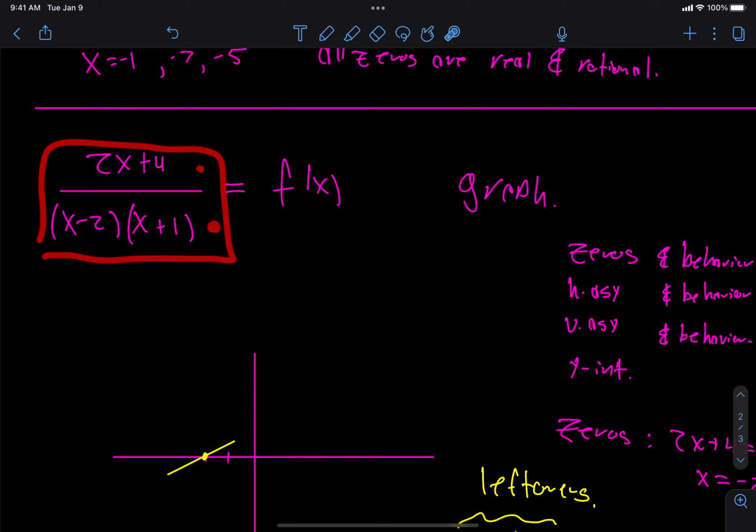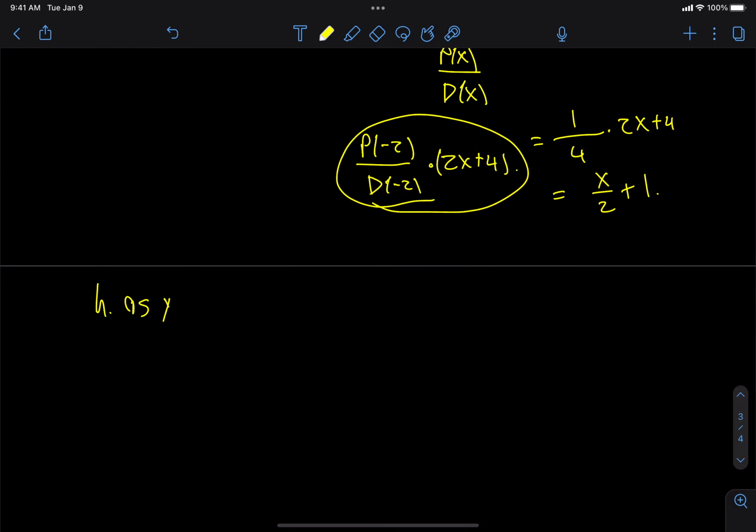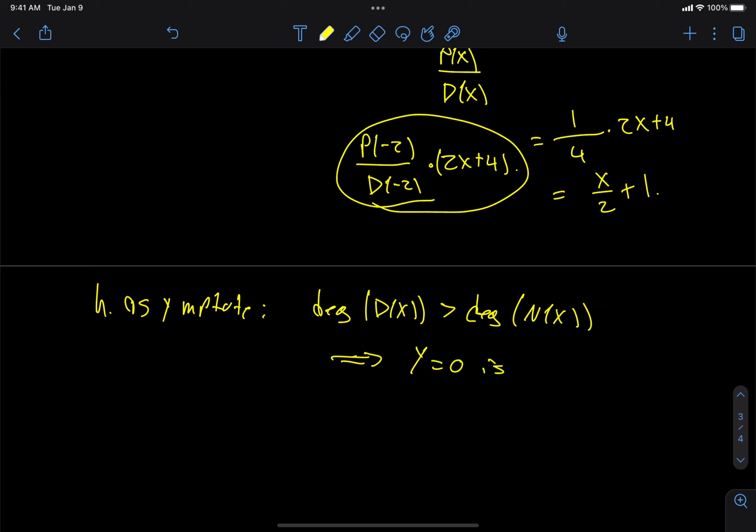What does that tell us about a horizontal asymptote? If the denominator is getting huge and the numerator is staying comparatively small, what is that number becoming? If we take the denominator and make it really big, it means the number is getting really, really close to 0. Okay, so in this case, for the horizontal asymptote, the degree of the denominator is bigger than the degree of the numerator, which tells us that y equals 0 is a horizontal asymptote.